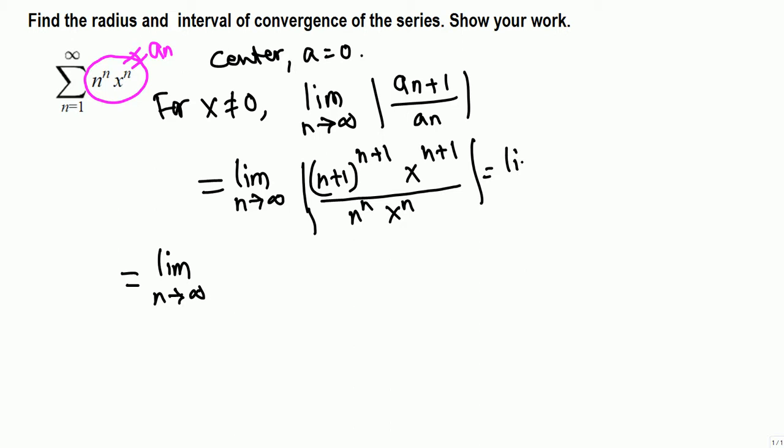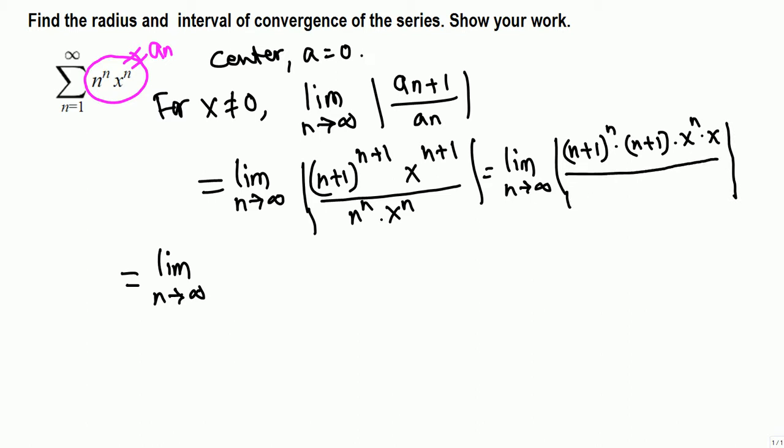So let me write over here: the limit as n goes to infinity of (n+1) raised to n+1, which is the same as (n+1) raised to n times (n+1) raised to 1, and x raised to n+1 is x raised to n times x raised to 1, over n to the n times x to the n.